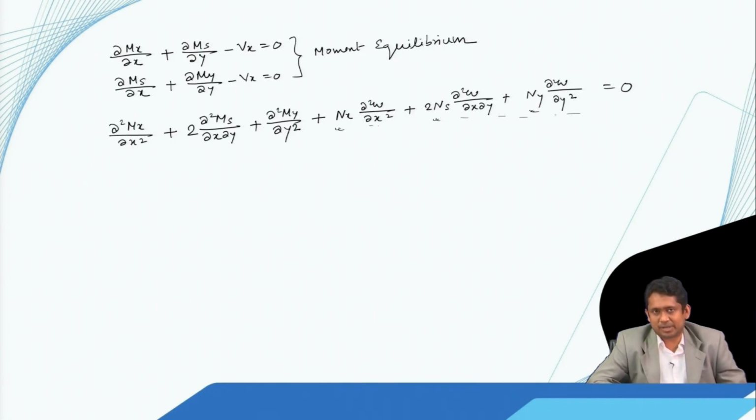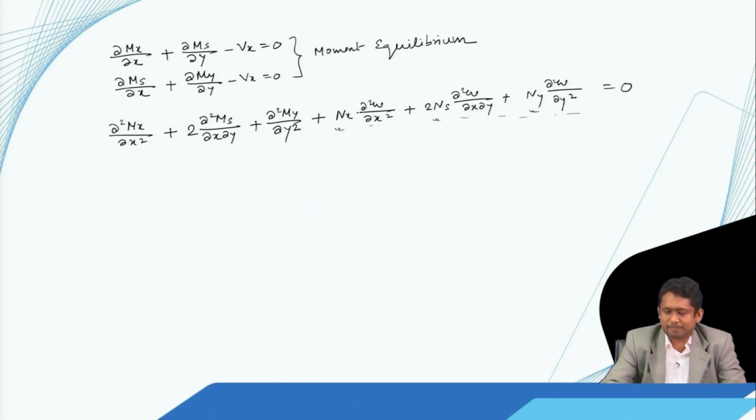And then further, if we consider that the derivatives of these forces along x and y direction are very small, then we can consider these to be the applied normal forces themselves. So for that we put a bar sign there.